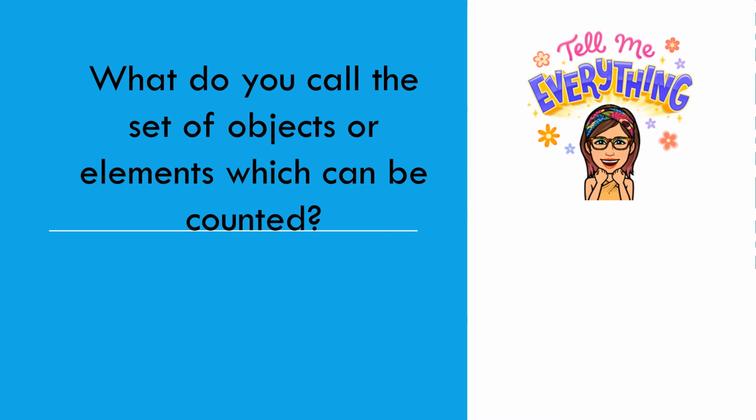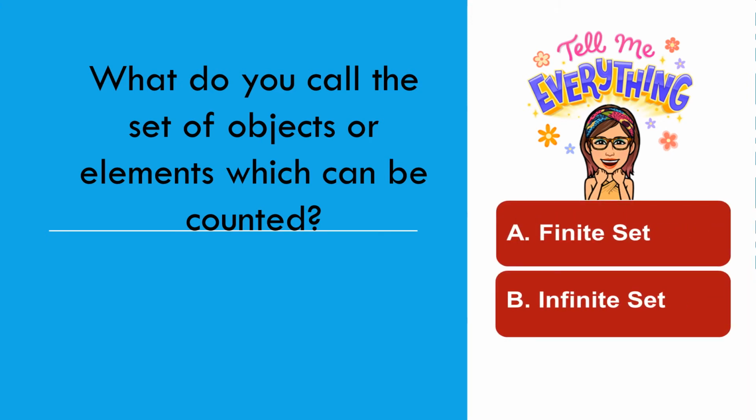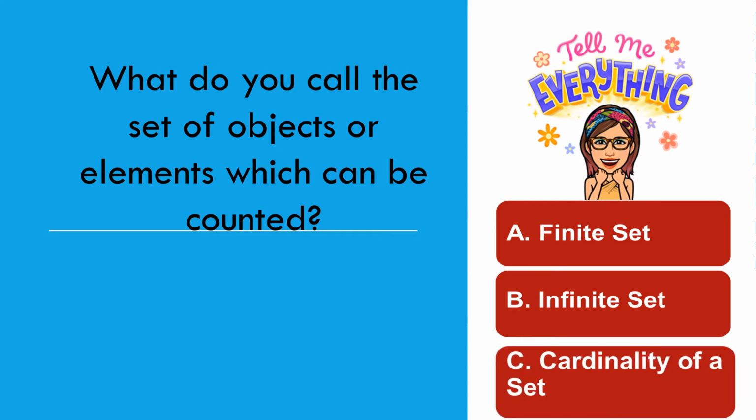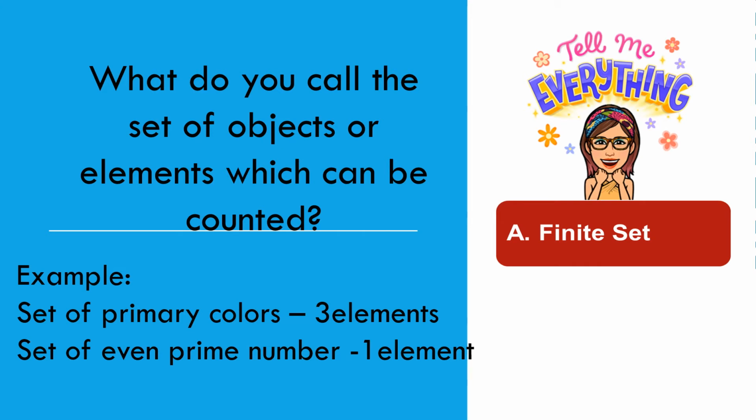What do you call the set of objects or elements which can be counted? A. Finite set. B. Infinite set. Or C. Cardinality of a set. The answer is finite set. Why? Example, set of primary colors.